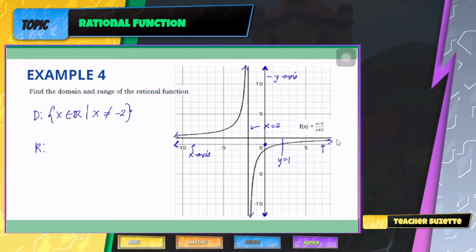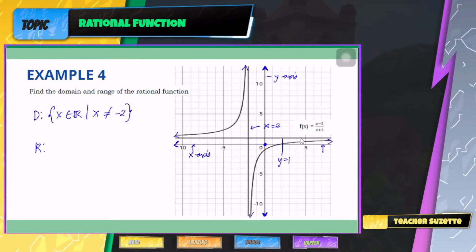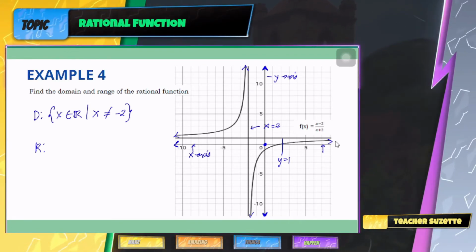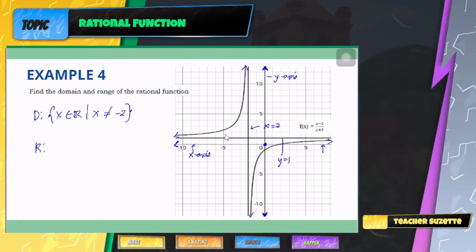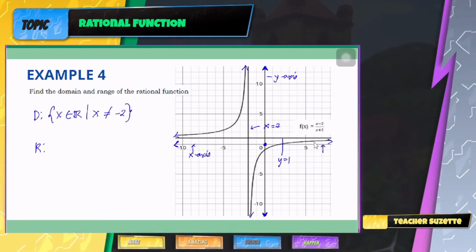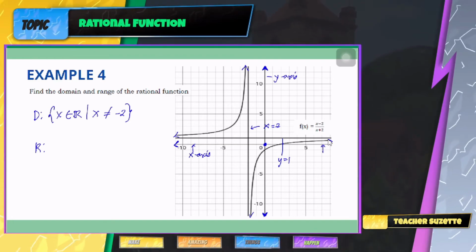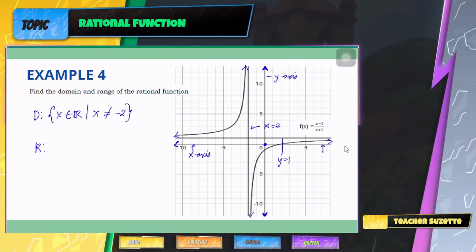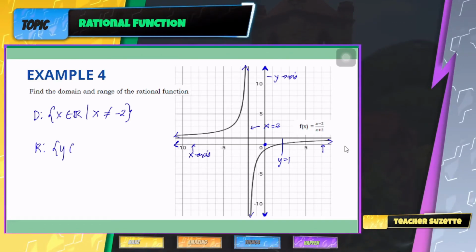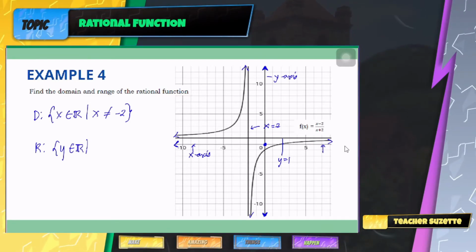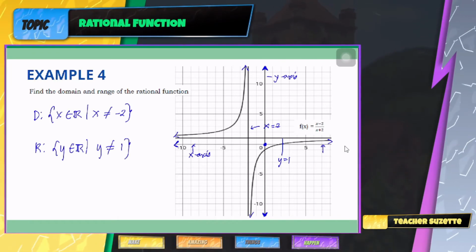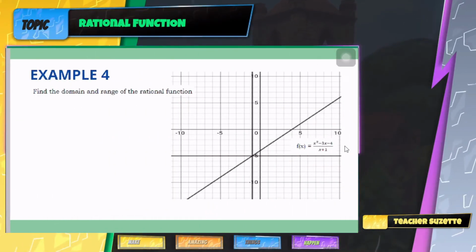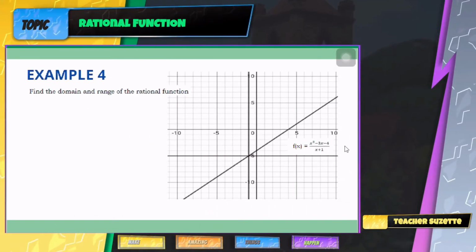So, as your x increases, it gets closer to your y is equal to 1. However, hindi siya natatouch. So, you can conclude that the line y is equal to 1 is the restriction of your range. And that is y, element of a real number, such that y is not equal to 1. So, ayan po ang ating range.